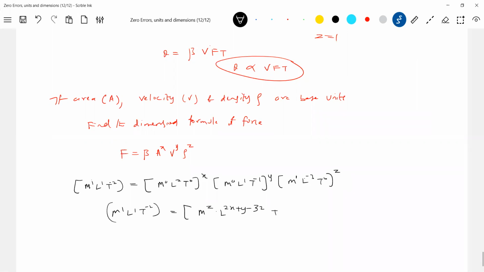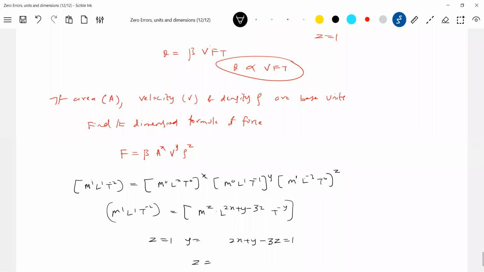What about the time? Time will be minus y, which gives minus 2. z equal to 1, y equal to 2, 2x plus y minus 3z equal to 1.